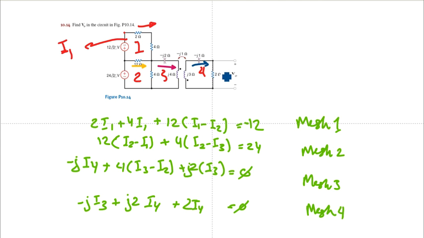Through the dot convention, we see that at this dot the current is entering the inductor of the transformer, and in the other case the current, which is I4, is entering the inductor as well. So we have a plus sign for the magnetically coupled constant. In this case, it's negative already. The value is negative j1.